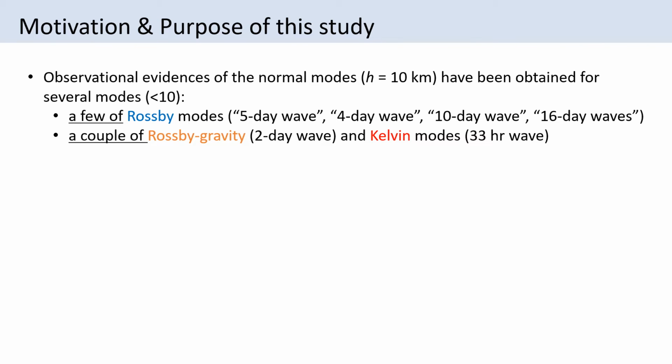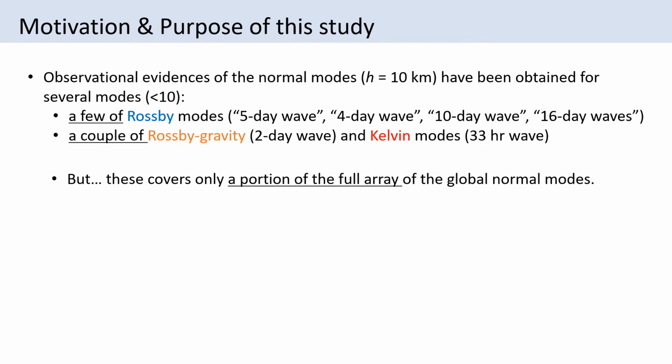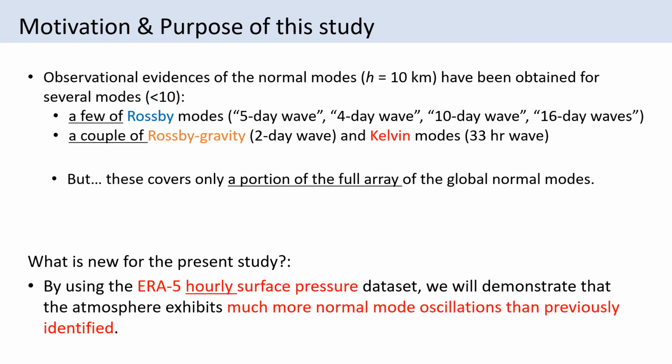And anyway, to summarize, the observational evidence of normal modes has been obtained only for less than 10 modes, mostly for Rossby modes and a few Rossby gravity, Kelvin, and gravity wave modes. But of course, this covers only a portion of the full array of global normal modes.